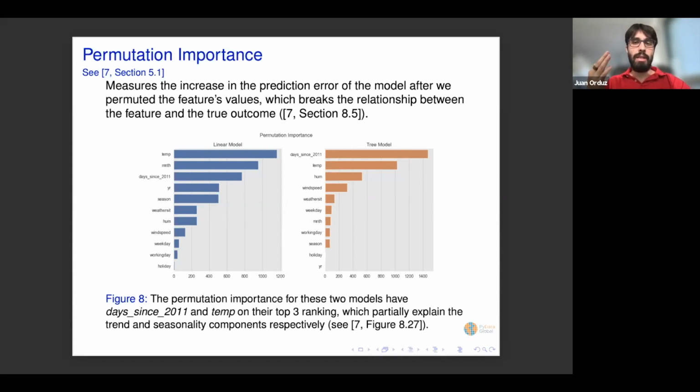Whereas if the feature is not that important and I shuffle the values, then it shouldn't change that much. So it's clear that this is quite natural, and it's interesting to see that again the trend component and temperature are always in the top. So that's where all these models agree.